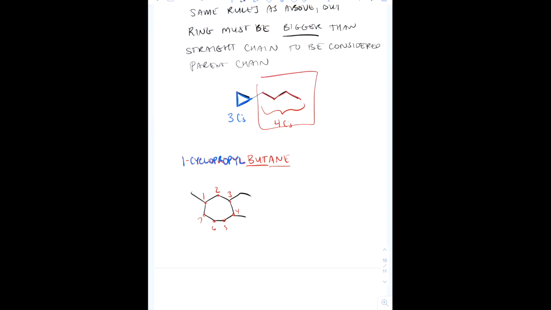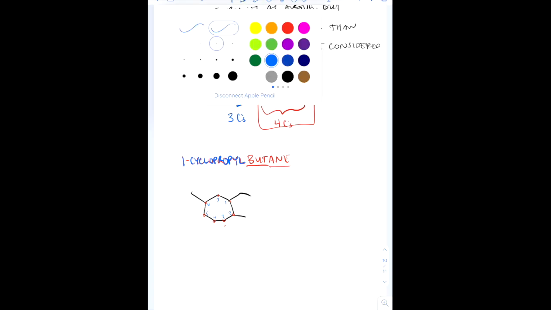Okay, now what if we started here? 1, 2, 3, 4, 5, 6, 7. So let's just compare these first. Obviously they both have a substituent at 1, but then in blue we have another substituent at 2. But in red we don't have another substituent until the 3 position, right? And so I don't really like the red numbering, so I'm going to go ahead and delete those numbers.